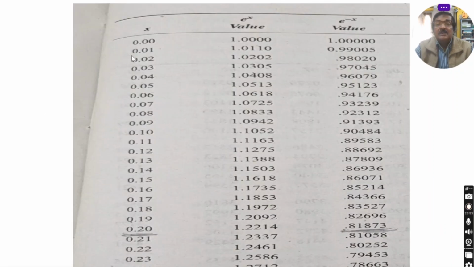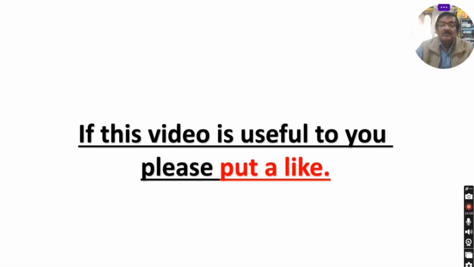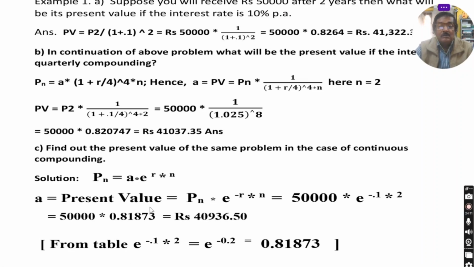In the table, you will get the value of e to the power minus X. E to the power minus 2, the value will be 0.81873. So the value will be this present value. That means if you invest this amount today, in the case of continuous compounding at the rate of 10%, after 2 years you will get 50,000.